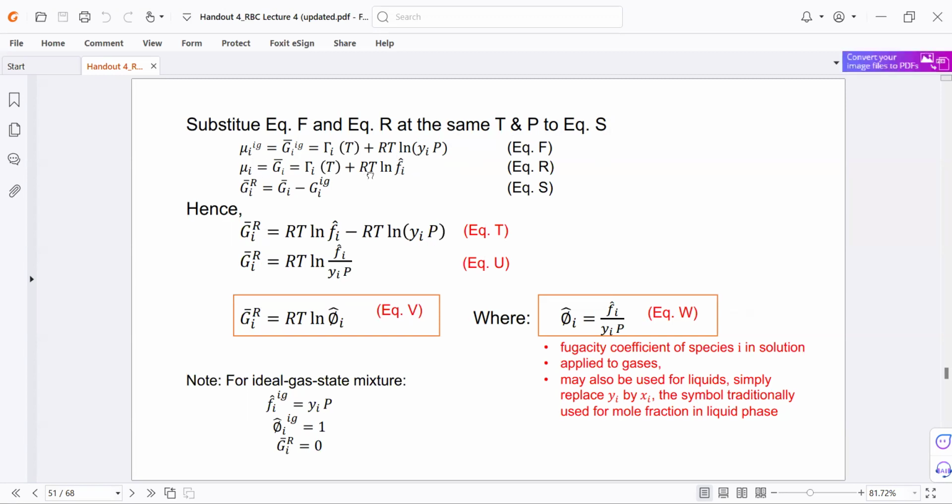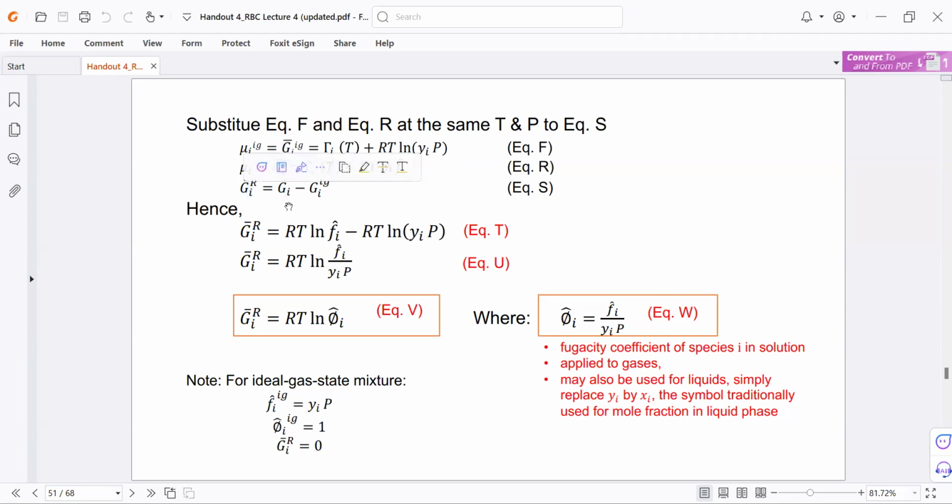Again, the hat means the species is in solution. So now we have an expression for the partial molar Gibbs free energy for the ideal gas and the partial molar Gibbs free energy for the real gas. We can substitute it into our equation for the partial molar residual Gibbs free energy.